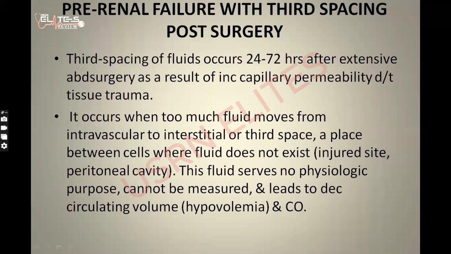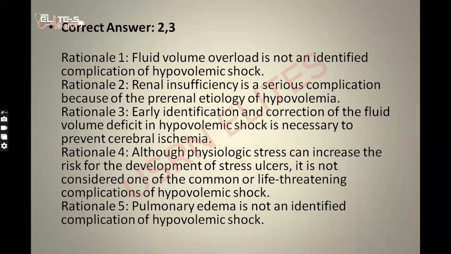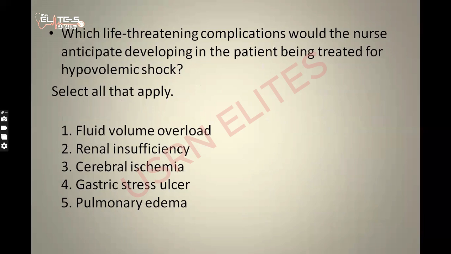All right, so let's continue. Please, explain it a little. Why 2 and 3? We just said it. So I was saying that 2 and 3, this question was rather referring to complications of hypovolemic shock, not the treatment.